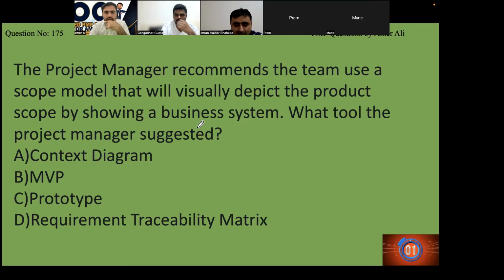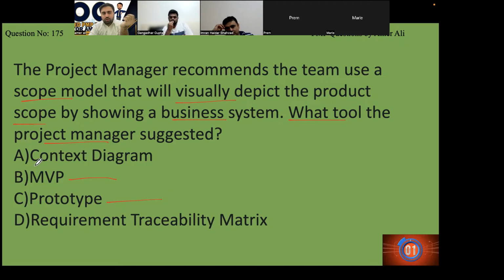Okay. What tool did the project manager suggest? The project manager recommends the team use a scope model that will visually depict the product scope by showing the business system. What tool did the project manager suggest? MVP is something that you have produced, a minimum viable product. That is not a tool. Prototype is also something that you have produced.